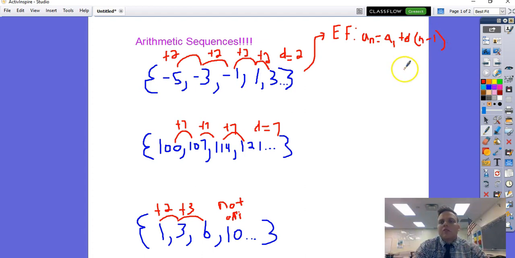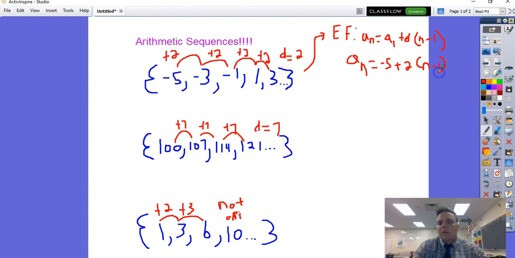I know what a sub 1 is for this problem. It is -5. So a sub n is equal to -5 plus, well, what do I know the common difference is? 2. 2 times n minus 1.